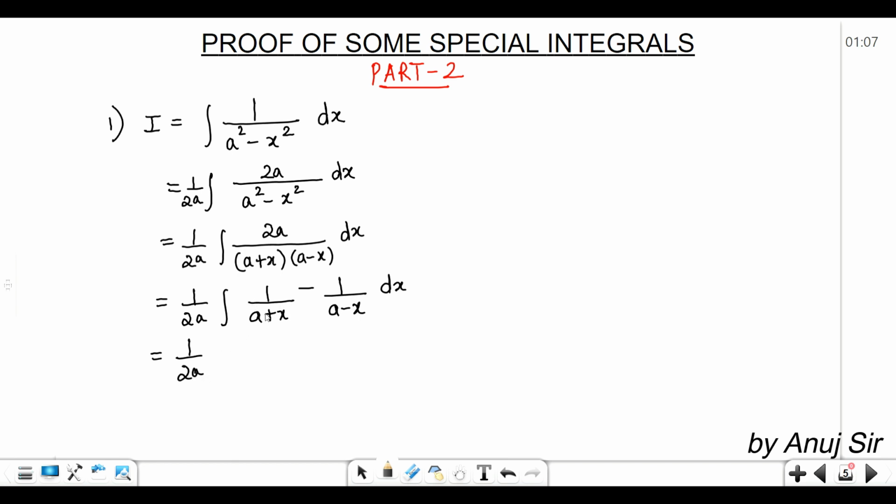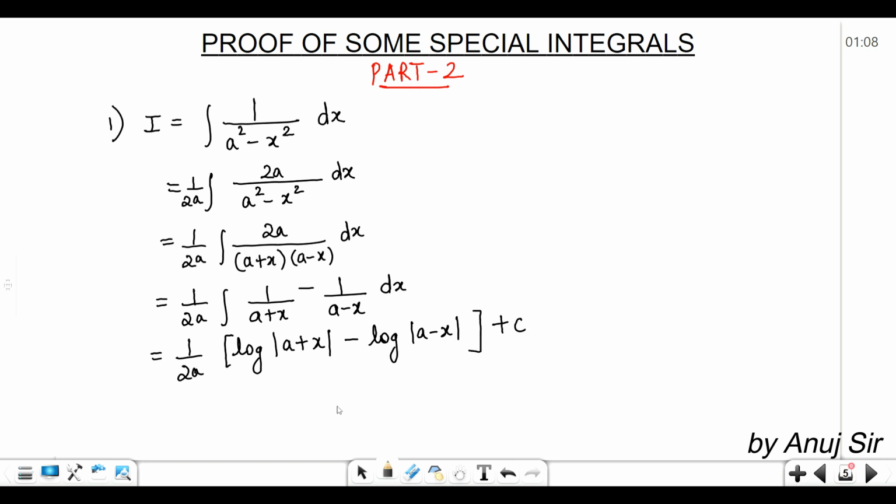Also we have a linear term in the denominator of both of these terms, so we can apply the log formula, that is 1 upon 2a, log of mod of a plus x minus log of mod a minus x, with the bracket, plus c.